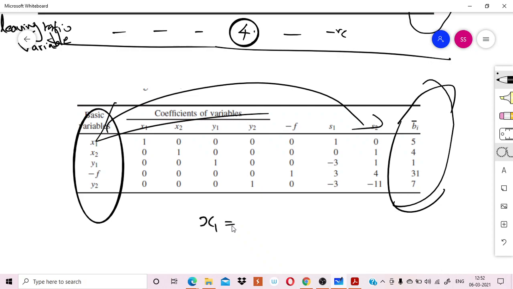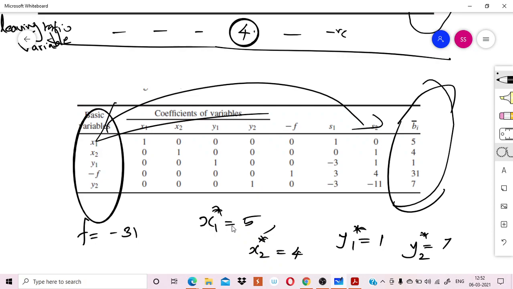So x1 is 5, x2 is 4, y1 is 1, and y2 is equal to 7, and f is minus 31.